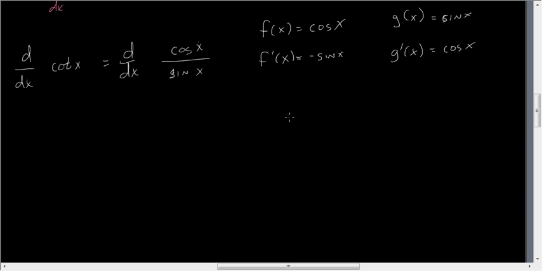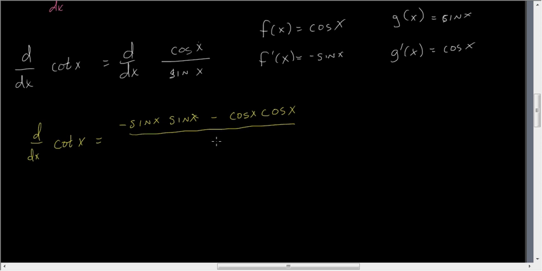So now my derivative of cotangent x is equal to the derivative of the top, which is negative sine x, times the bottom, which is sine x, minus the derivative of the bottom, which is cosine x, times the top, which is cosine x, all over the bottom squared, which is sine squared x.